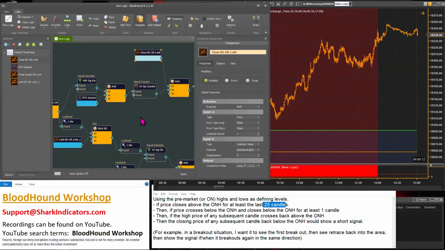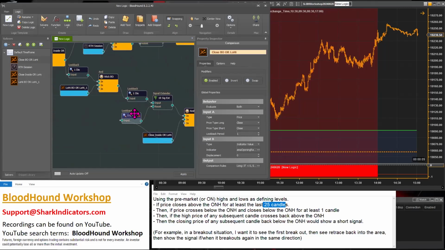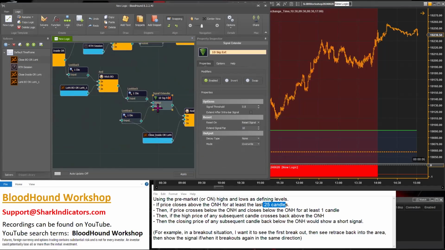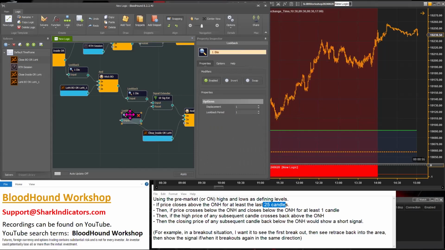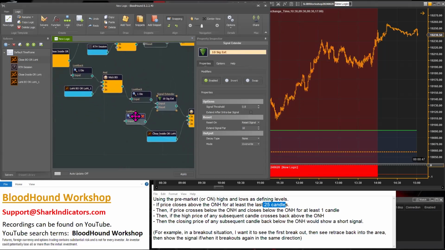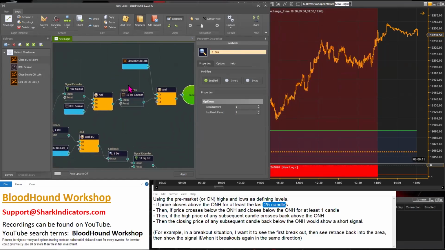So if we wanted to, remember this same trick here with this signal extender, we turned it off using, once the close breaks out outside, we fed that using a 1 bar delay into the reset, and that turned off the signal extender. So we can do the same thing again. Let's make a copy of this node and paste it here.